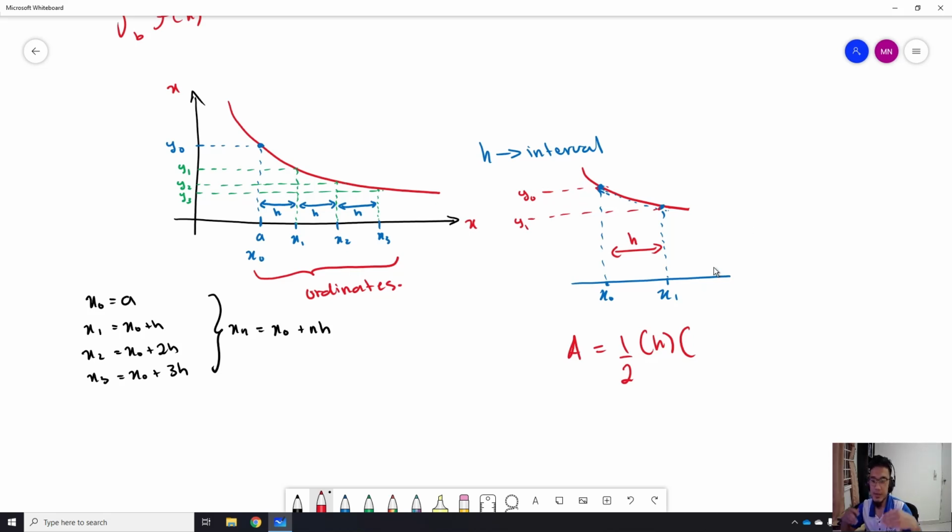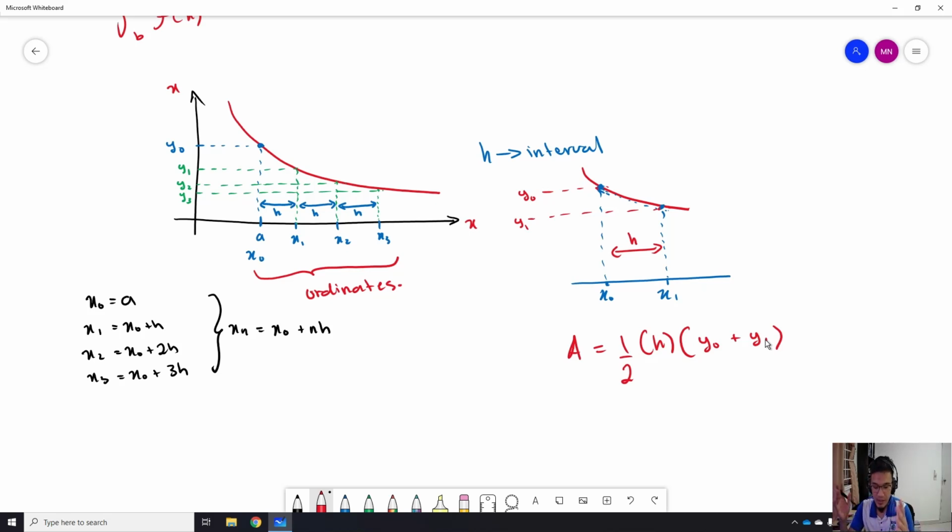Those are the lengths of the two parallel sides of the trapezium. So that will be y0 plus y1. That is the area under the graph within x0 and x1.